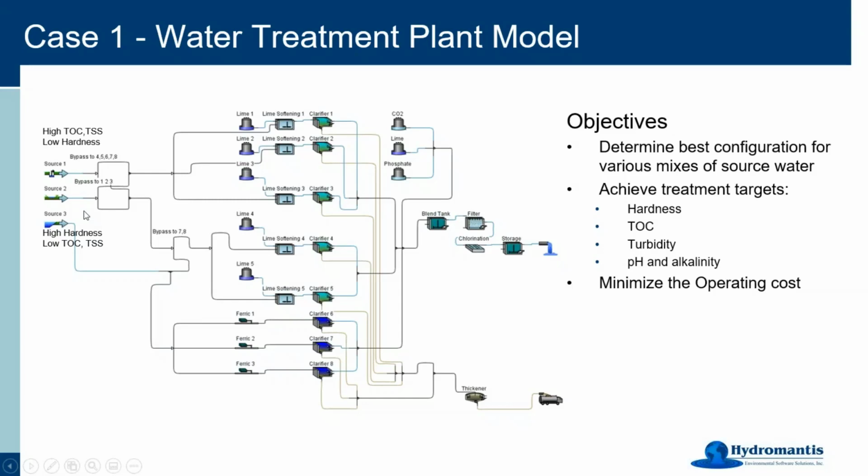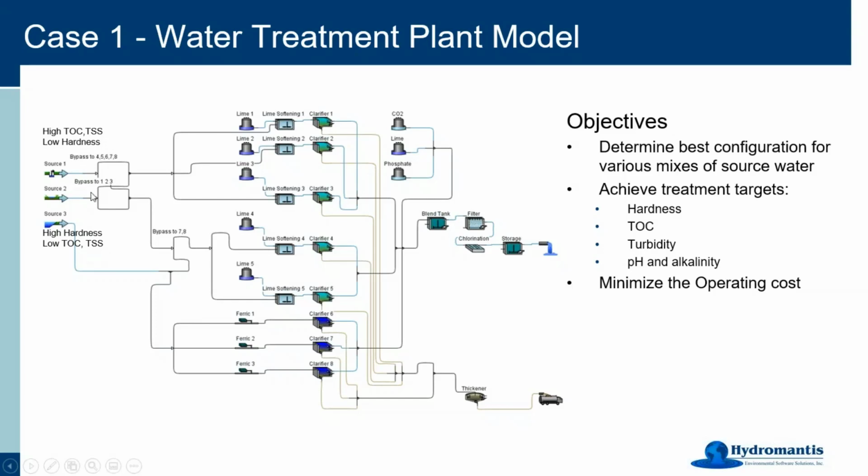The problem in this particular case was that the makeup of the water was different. One source had high TOC and TSS and low hardness, but the other one had high hardness and low TOC and TSS.